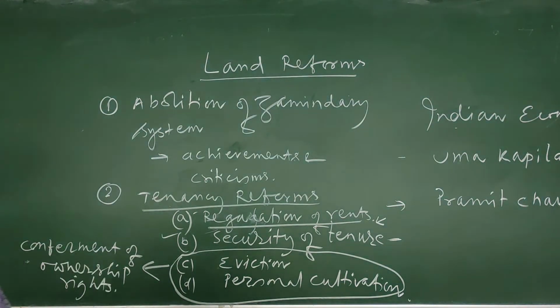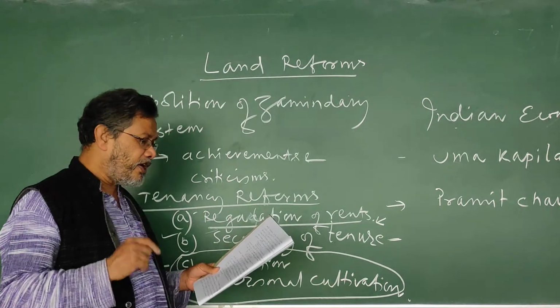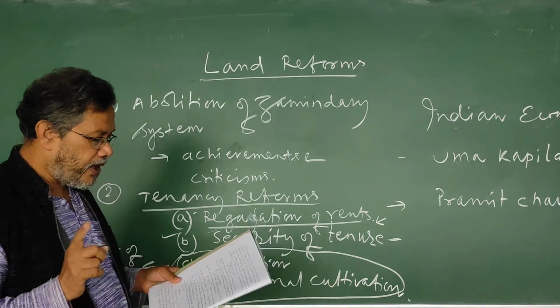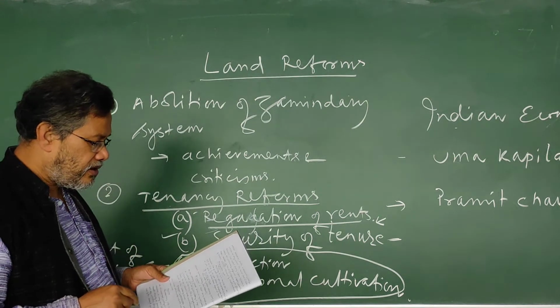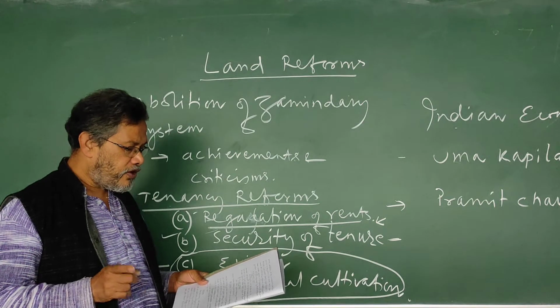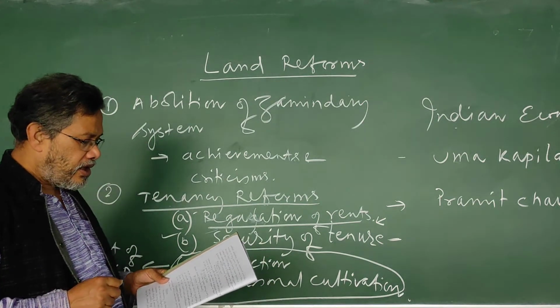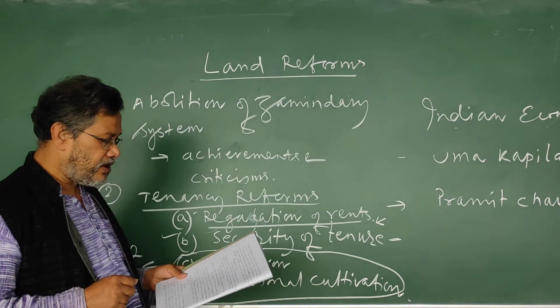Here I can use one term. A tenant can be evicted only on the following grounds: failure to pay rent, failure to cultivate land, use of land rendering it unfit for cultivation, and area being held in excess of the permissible limit.